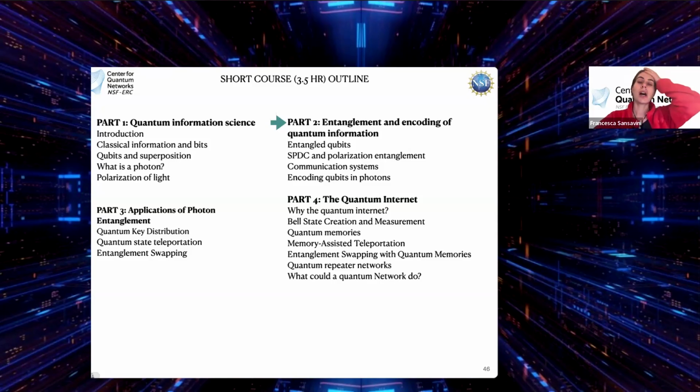Now, in part 2, I will explain what entanglement is and what entangled qubits are. We will see how we can create entangled photons in the polarization degree of freedom. So we will always focus on the polarization degree of freedom. And we will start to talk about communication systems, quantum communication, and how to encode quantum information, qubits, in photons.